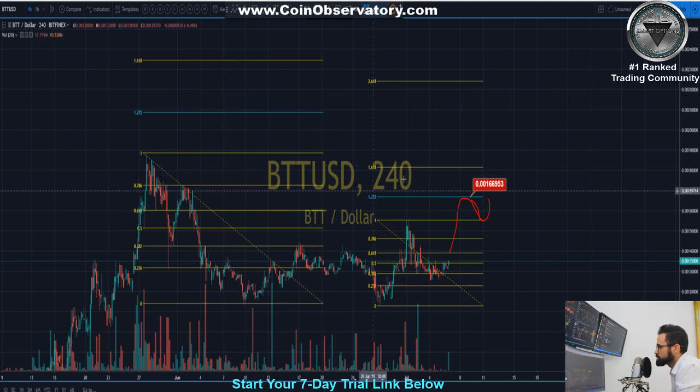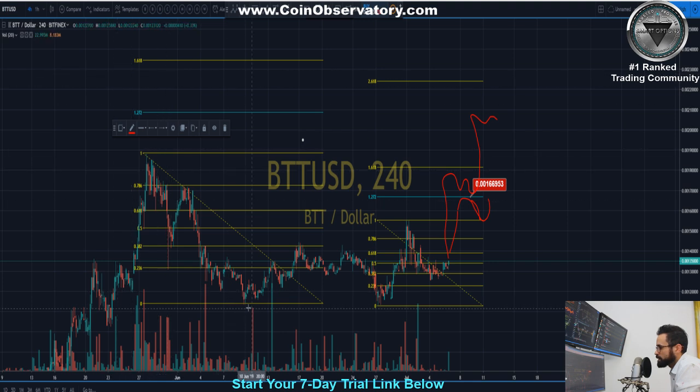If you get this close up here, and this thing goes up and finds support over here above the 1.272, the next 1.272 is gonna be up here. Now the inverse is true.